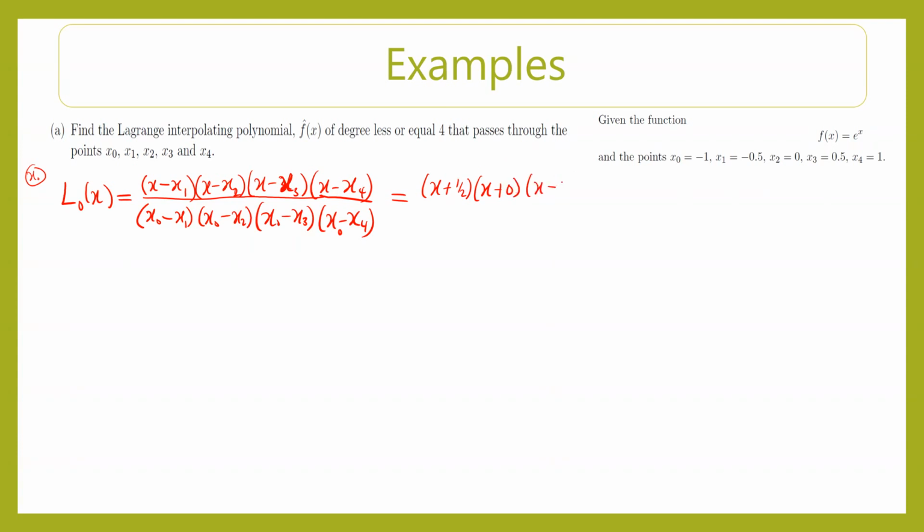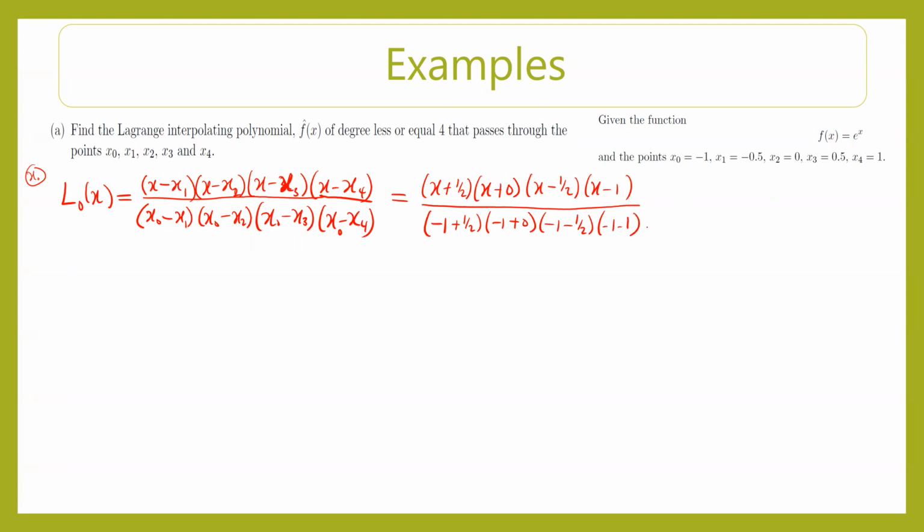X minus 1 over 2 and x minus 1. x0 here is minus 1. So you have minus 1 plus 1 over 2, minus 1 plus 0, minus 1 minus 1 over 2, minus 1 minus 1.